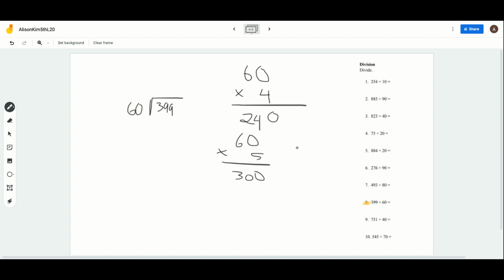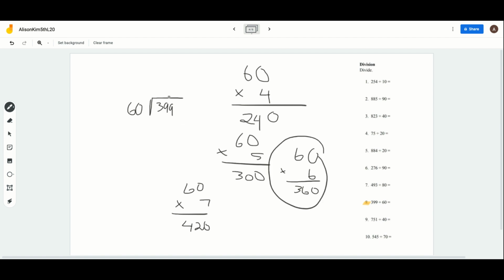I think we could go a little bit higher. 60 times 6 gives us 360. We can try a little bit higher, maybe 60 times 7. That's 420. That's a bit too high for 399. So we have to go with 60 times 6, which is 360. So we're going to put 6 right here.